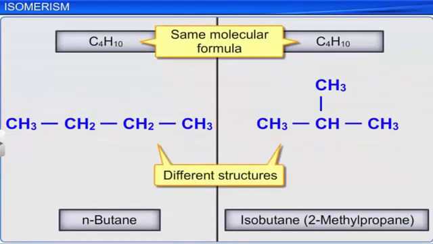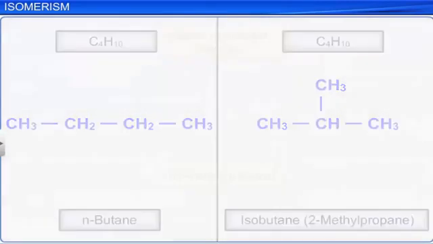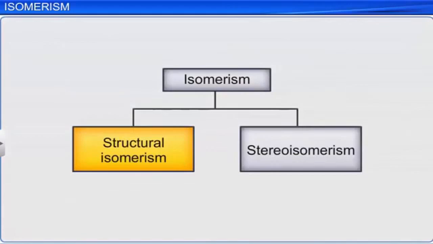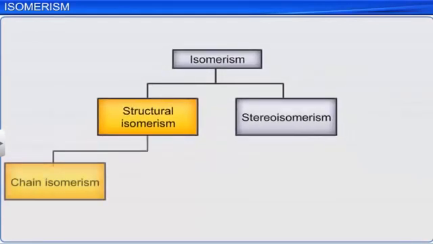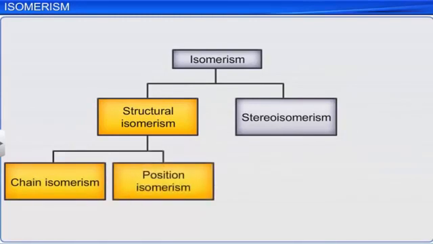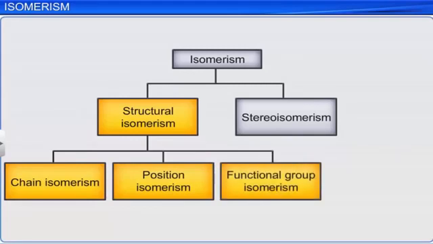Thus, they are structural isomers. Structural isomerism can be of the following types: chain isomerism, position isomerism, functional group isomerism, and metamerism.